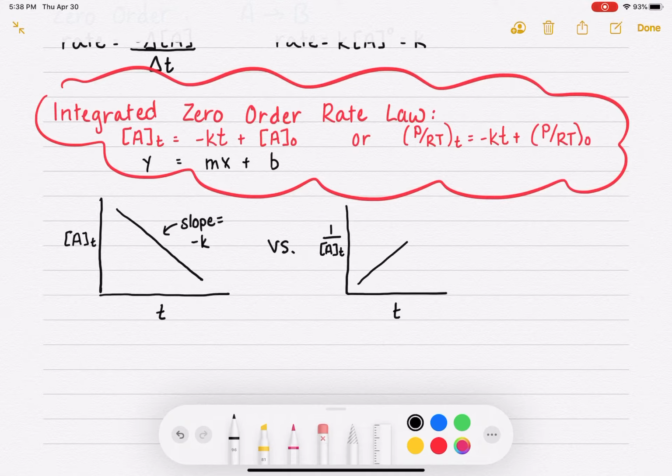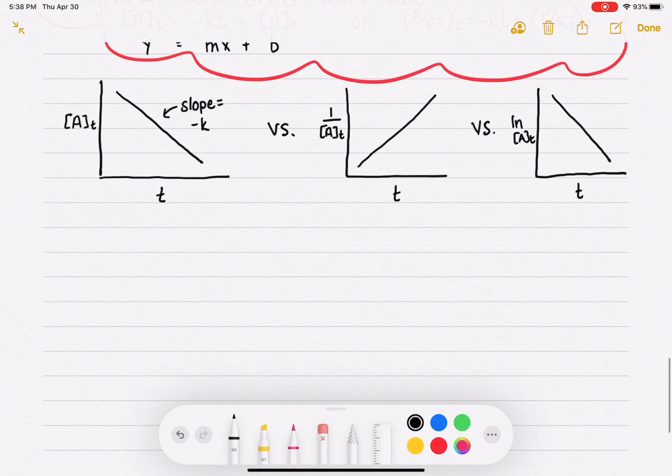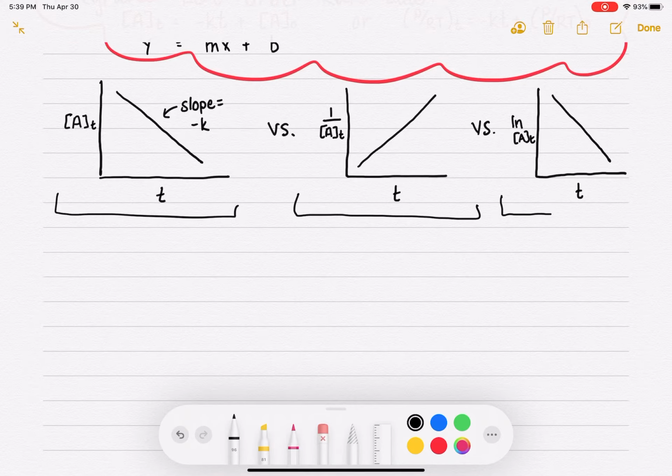And for the first order reaction, that was the natural log of A at time t, and that one was also a negative slope. So if you're doing a reaction and you don't know if the reaction is first, second, or zero order, you can plot the concentration versus time, 1 over the concentration versus time, or the natural log versus time. Only one of these graphs is going to give you a straight line, and that's one of the ways that we can identify the order of reaction.